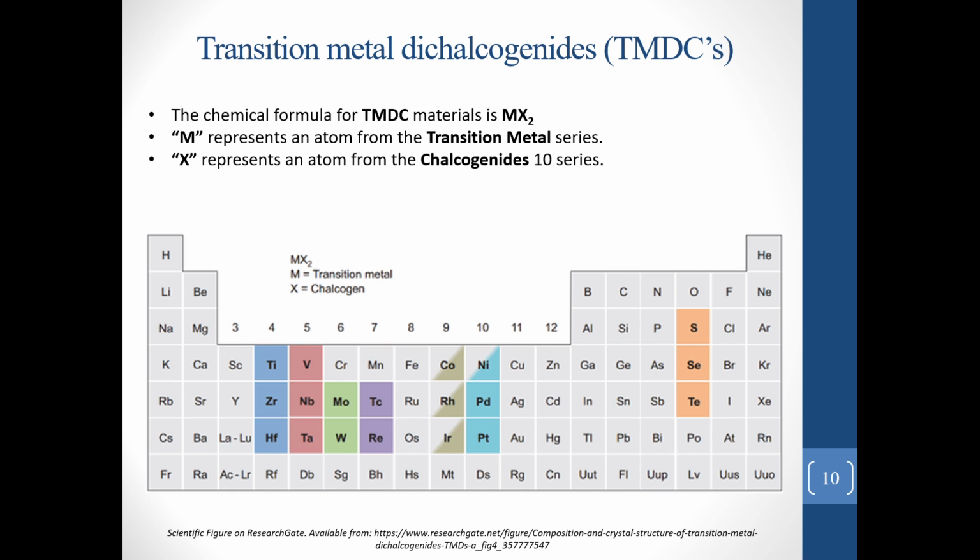So these groups of elements are so-called chalcogens, marked like this. These are basically the chalcogen atoms, and these are the transition metals.